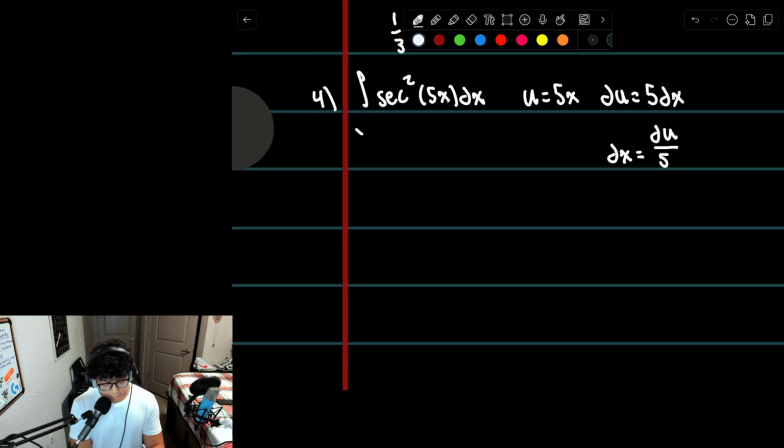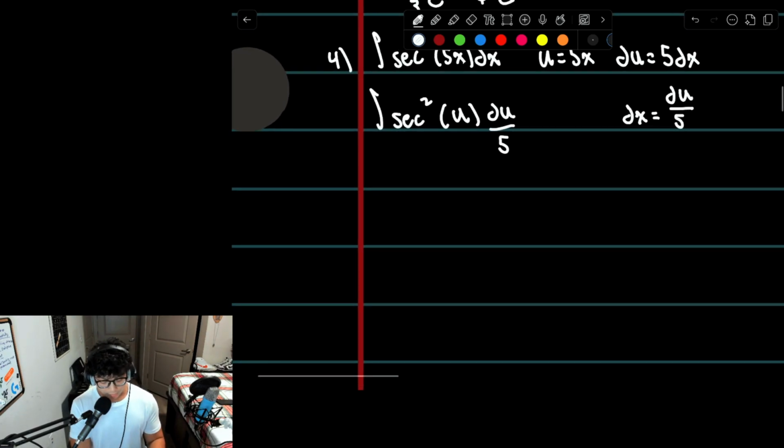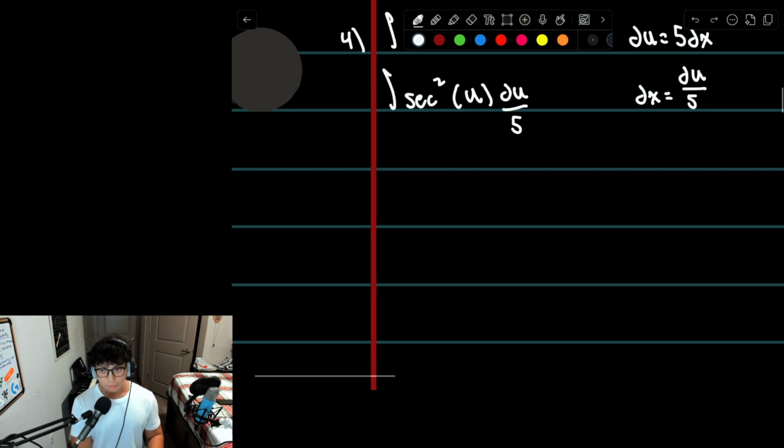We then replace our stuff. We just substitute. It becomes secant squared u du over 5. Great. And again, with the constant stuff, this is just the same as 1/5 du, right? So let's put that outside the integrand.